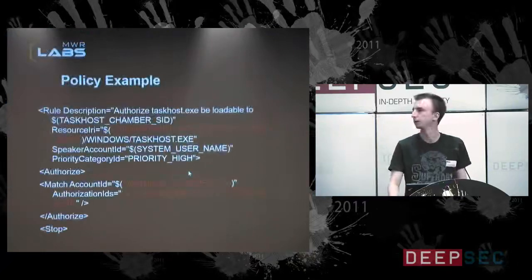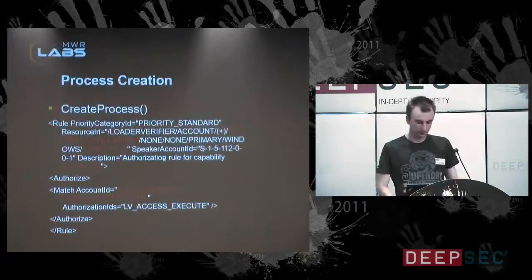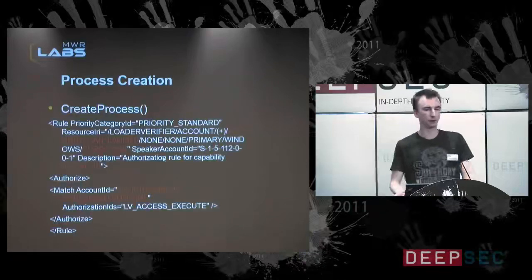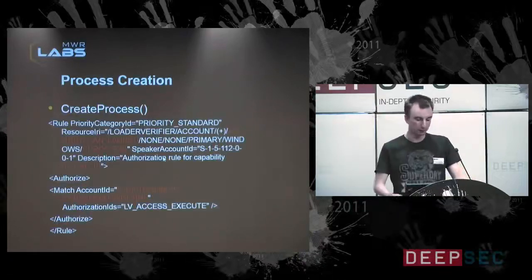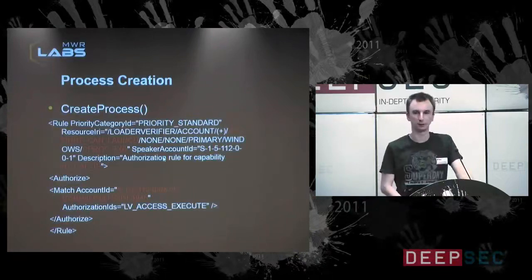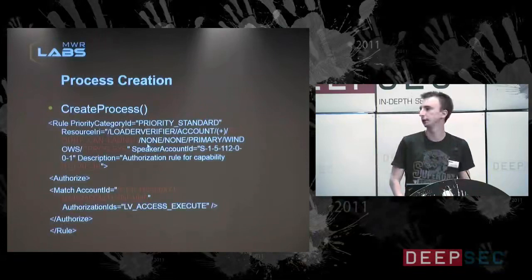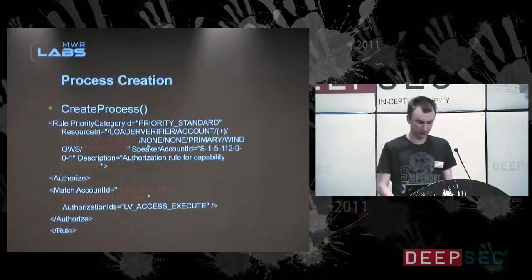Normally on Windows, you call create process to create a new process. But process creation is also protected by the security policy. One process can't spawn a new process by calling create process unless there's a security policy entry stating that it can.